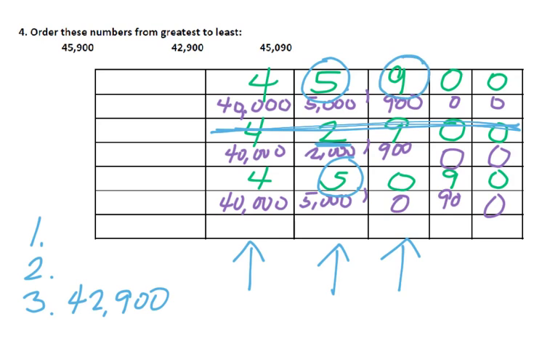That 9 is larger than the 0. Therefore, the largest number would be 45,900, and the number in the middle is going to be 45,090. Okay? I use that one that's already the largest, and this leaves that one to be in the middle.